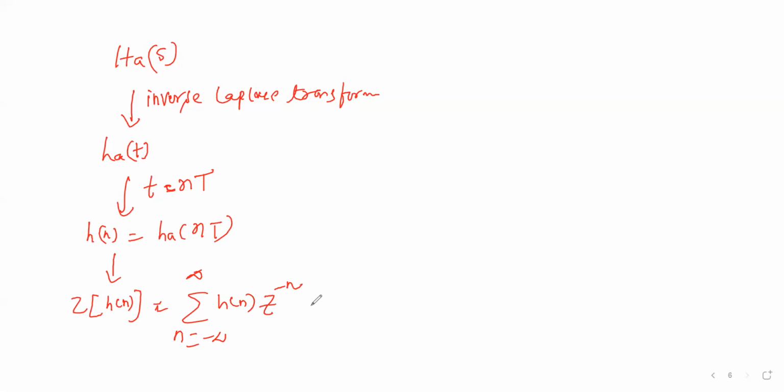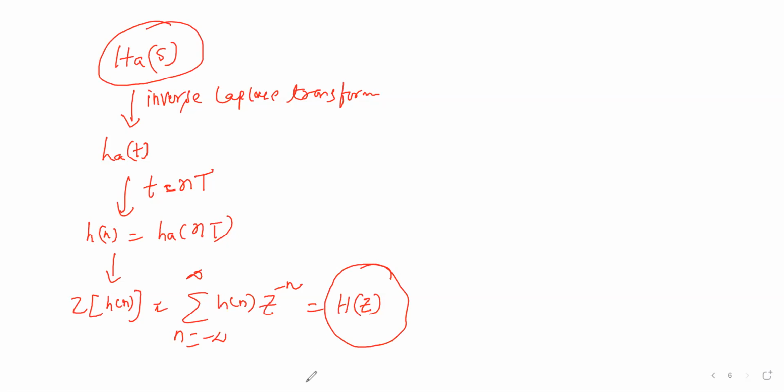This gives H of z. Now we have the analog domain transfer function, and finally we got the digital domain one. Clear?